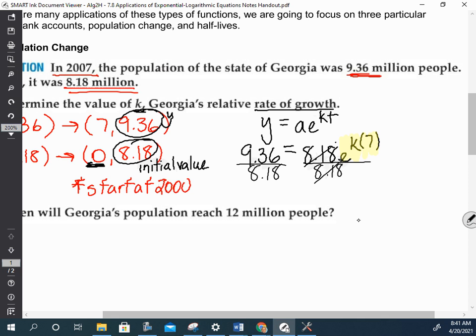So again, we're going to carry the 3 unless they tell us otherwise. That's 1.144 equals e to the 7k.